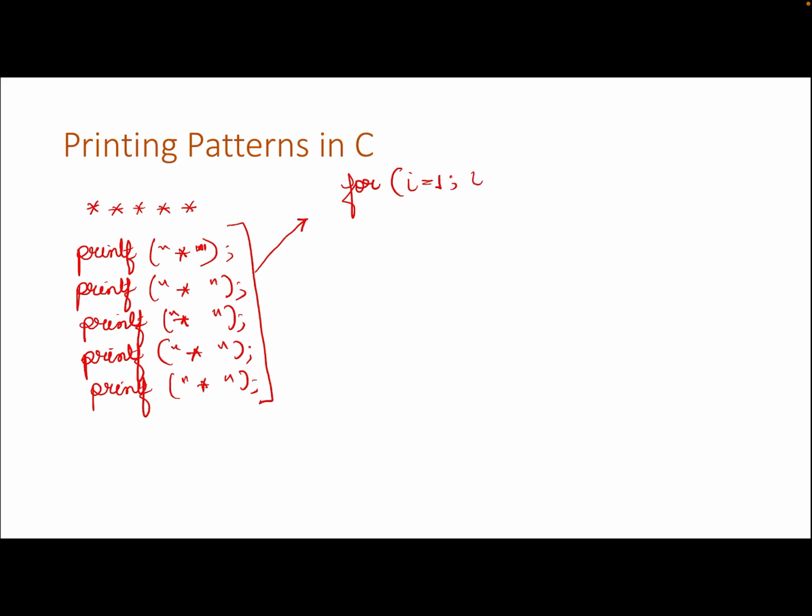I start the counter with 1 and I will print the star 5 times, for this asterisk pattern. So the statements which were getting repeated are written inside the body of the for.